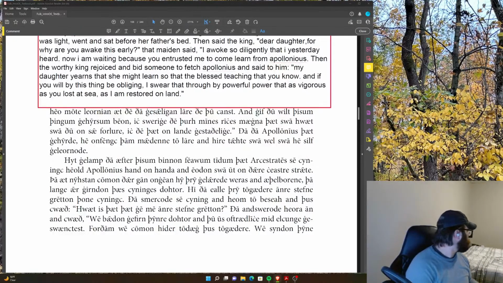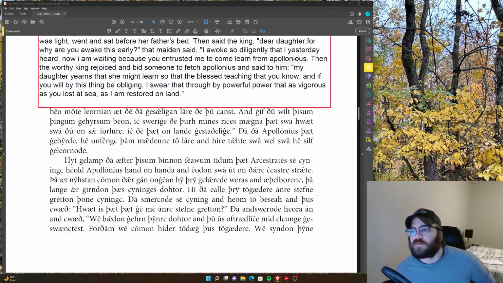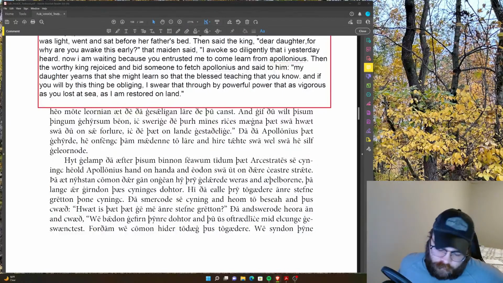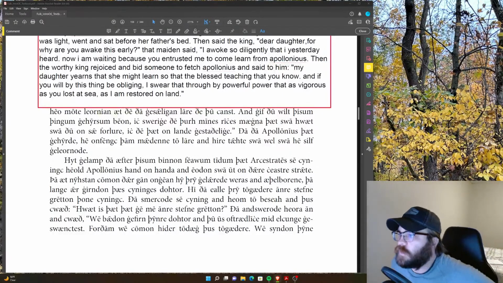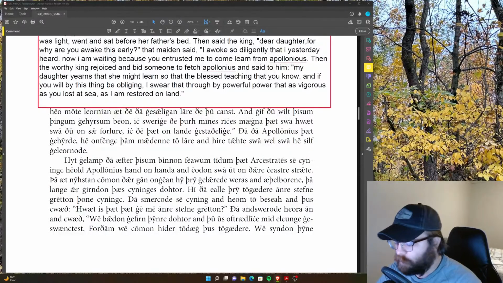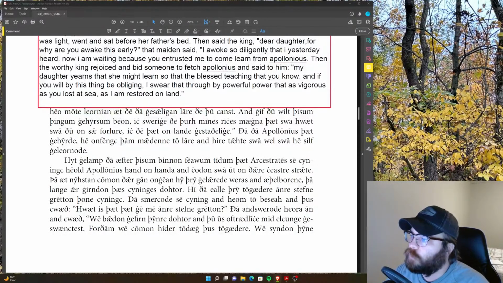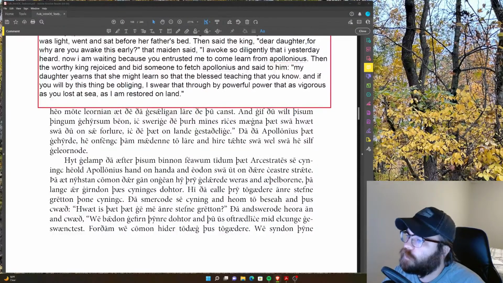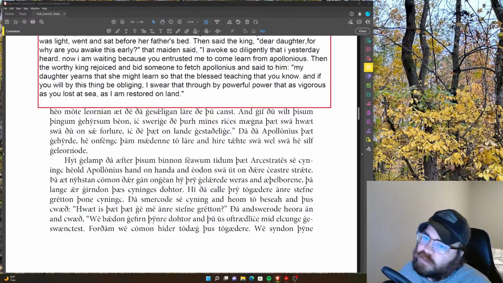So remember, chat, when I said that tha, when followed immediately by a verb, usually means when? Well, apparently tha, also followed by tha, means when as well, and tha by itself and without a verb following it is probably then. So, here we are. Tha Apollonius that ye hearde.